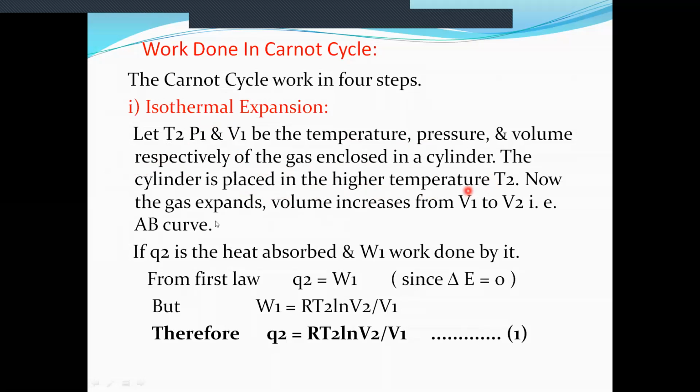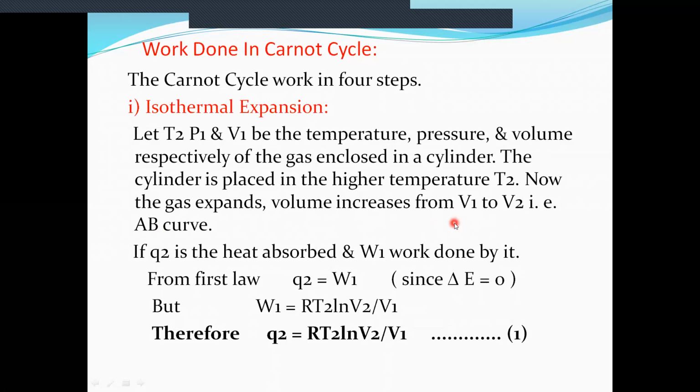Now the gas enclosed in the cylinder expands, and here the volume increases from V1 to V2. This can be denoted by curve AB.